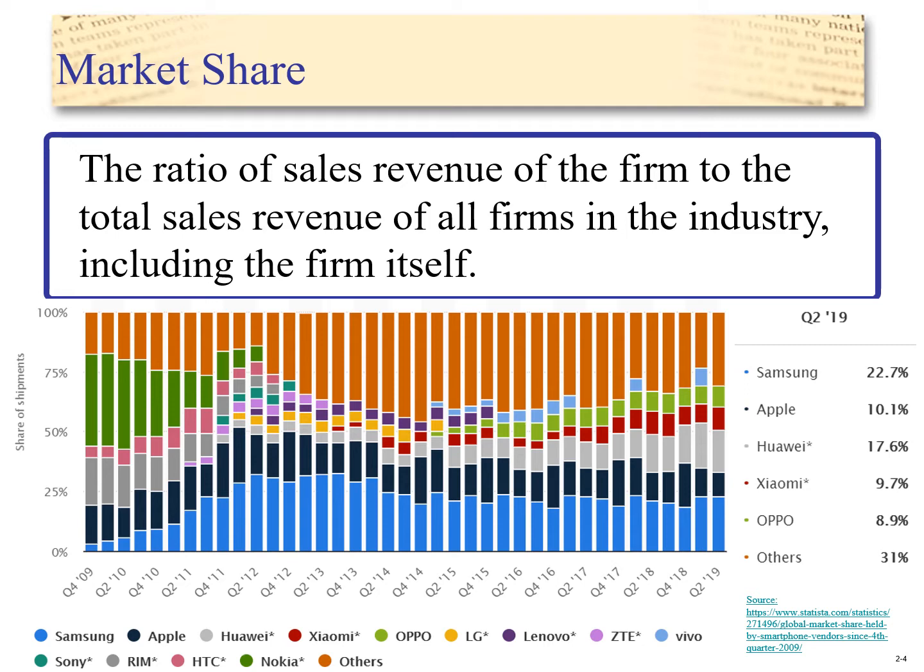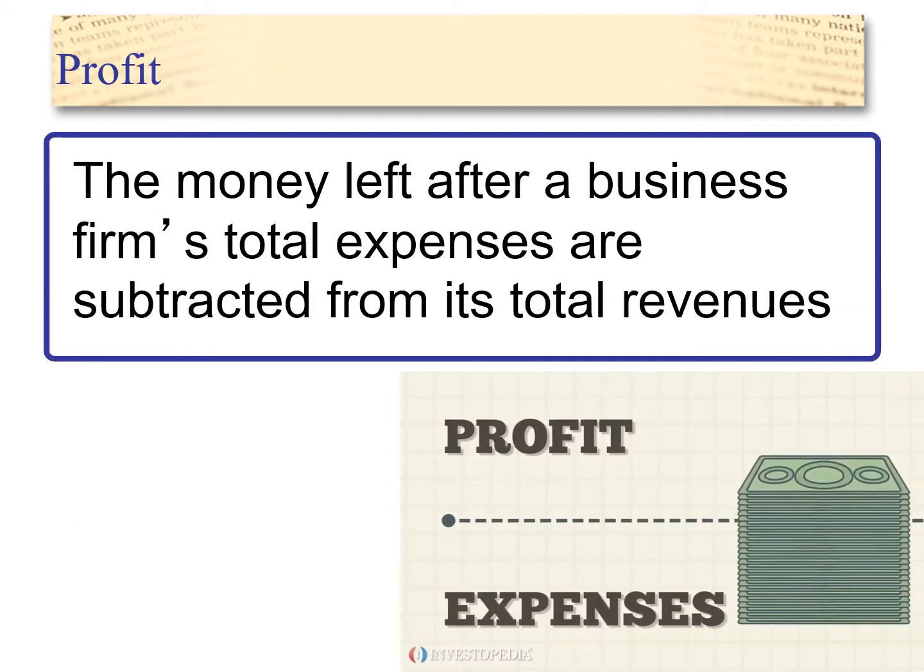Apple was number two with 10.9% market share, and so on. So what does that mean? It means Samsung has a 22.7% share that it occupies in the entire cell phone industry, or in the entire electronic industry, rather, in the whole market.